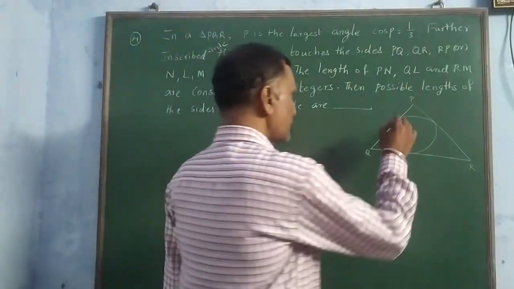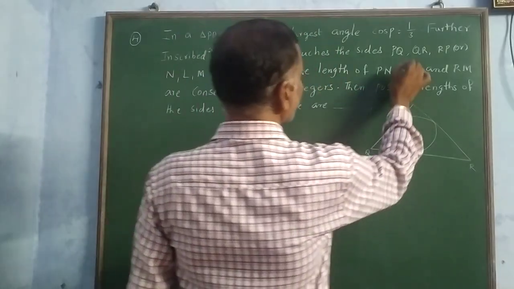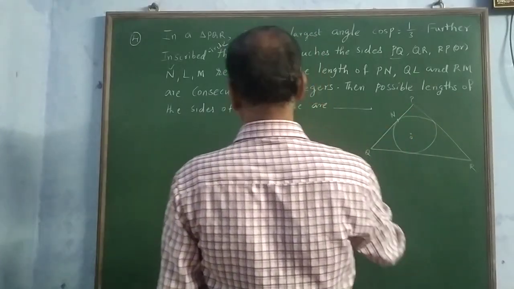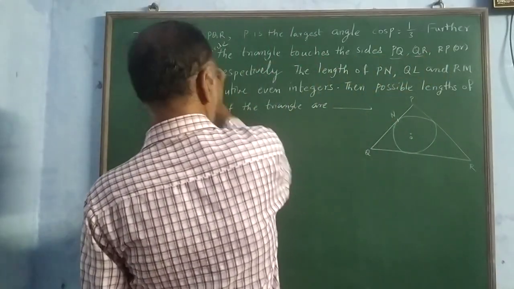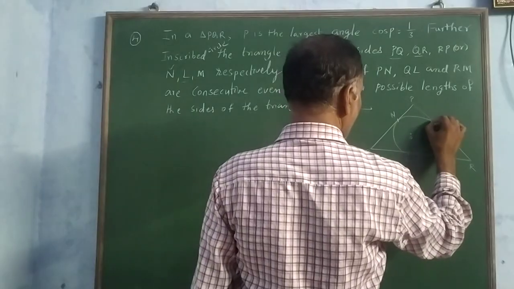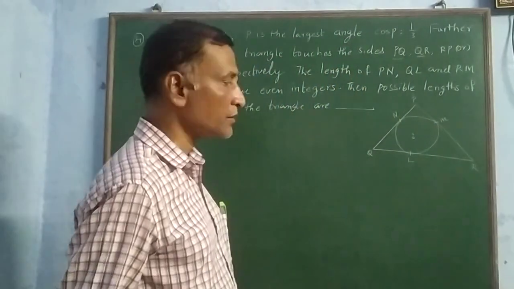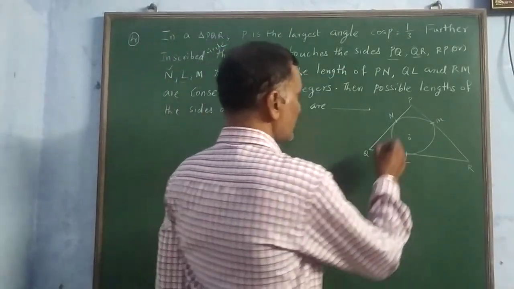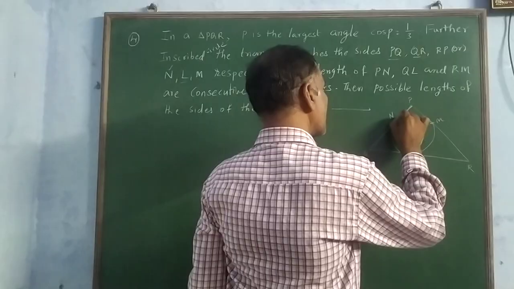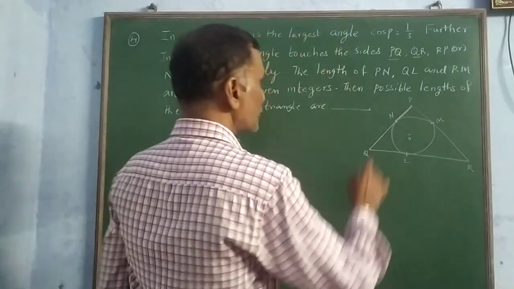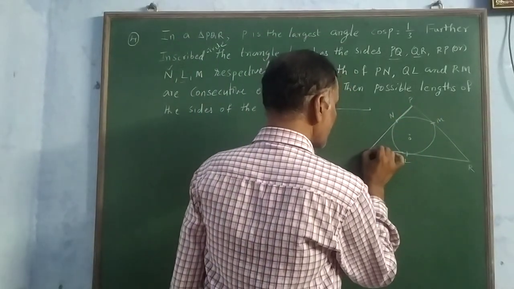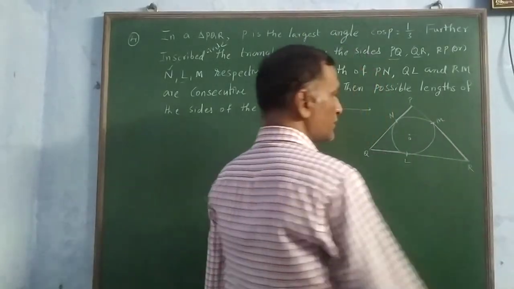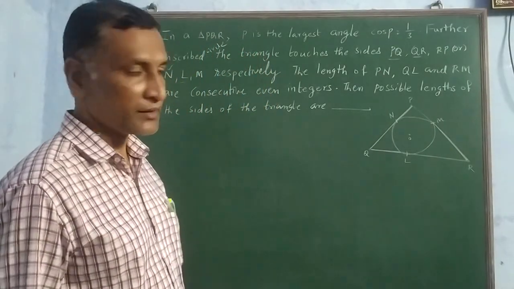The circle touches the sides: PQ will be touched at N, QR will be touched at L, and here M. These three sides will be touched. And moreover, this is the length of PN, this length is QL, and this length is RM. These three lengths are even integers.